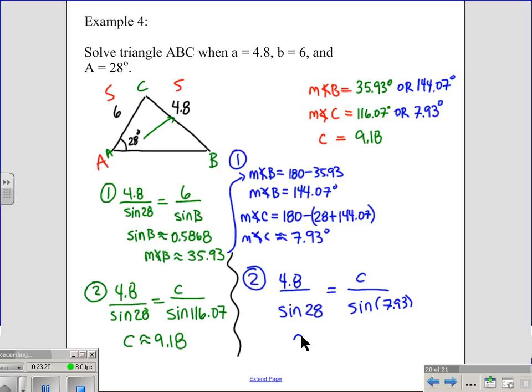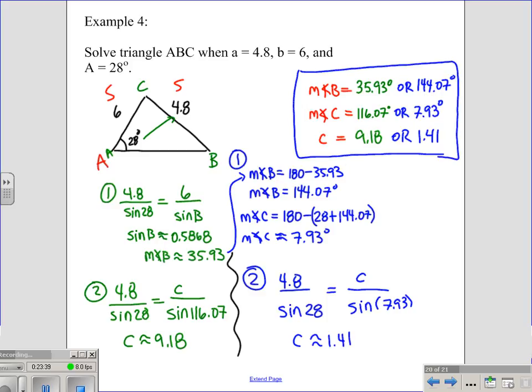When I do that, I find out that c is approximately 1.41. So this is a side-side-angle case in which we have two possibilities, and there are the two possible triangle solutions we have.